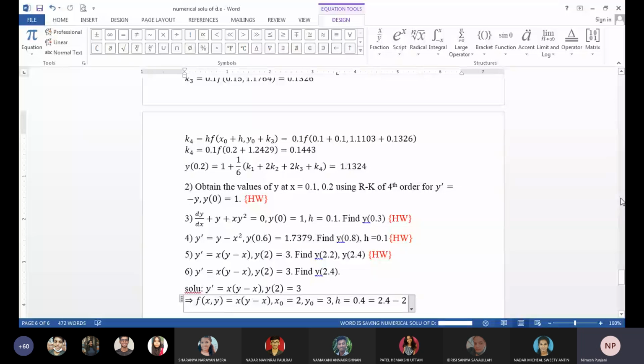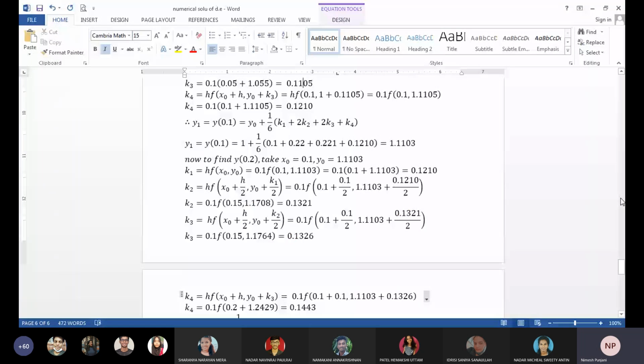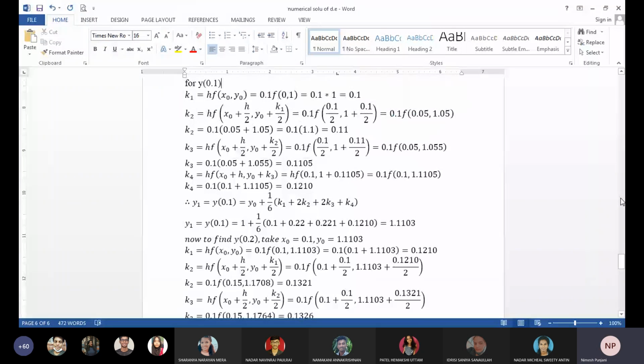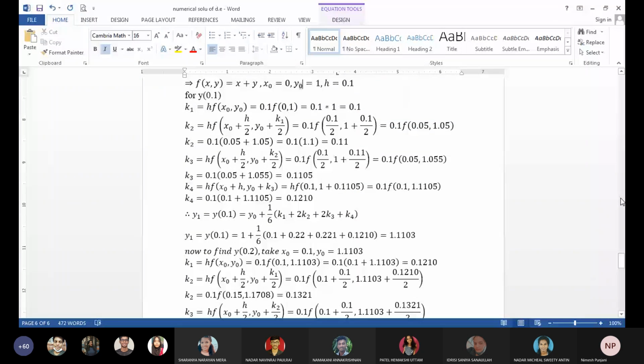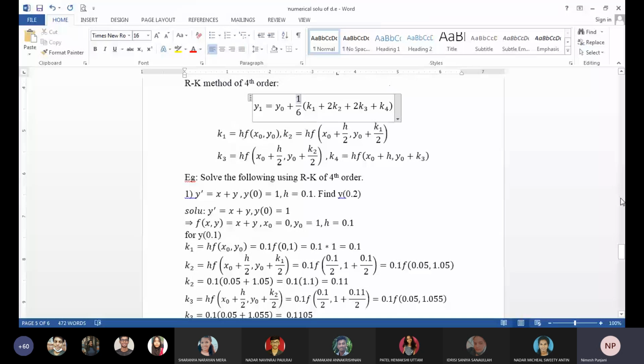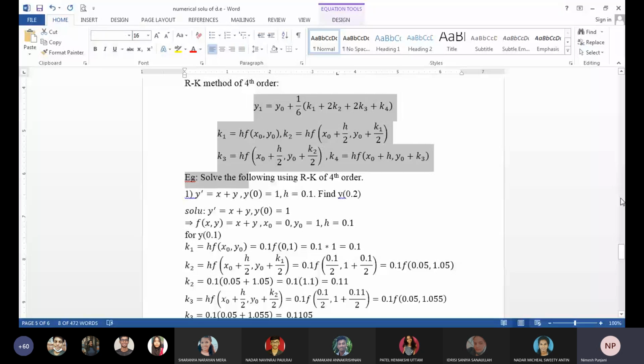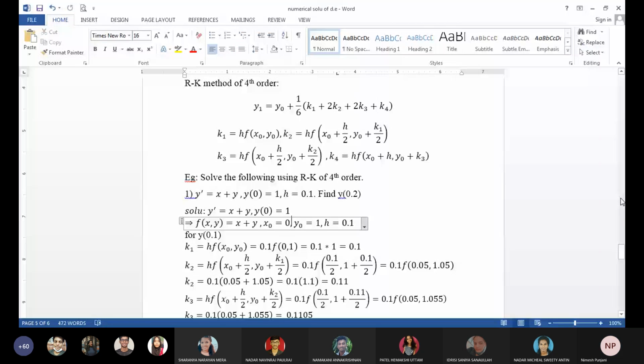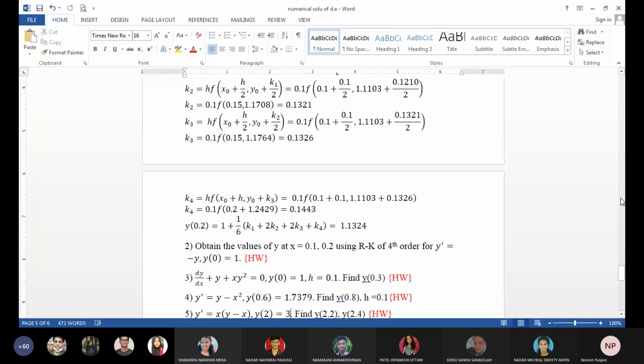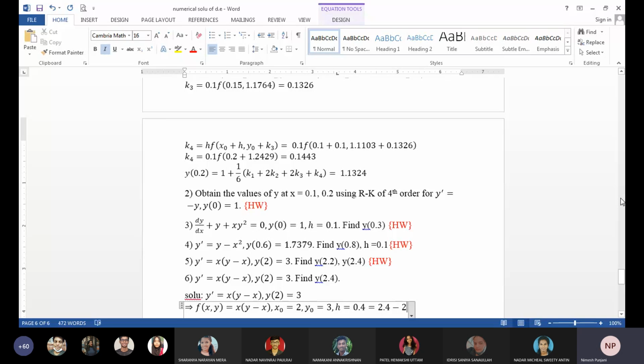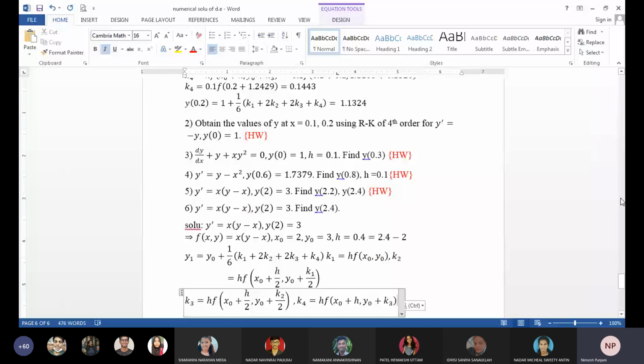Okay, so what I will do is I will just write down these formulas for you, and you calculate and tell me the values. So 5 values you are supposed to calculate. First is k1, k2, k3, k4, and then y1.